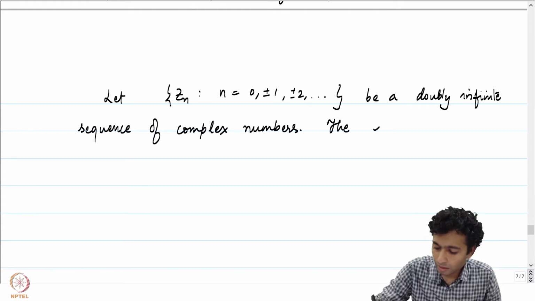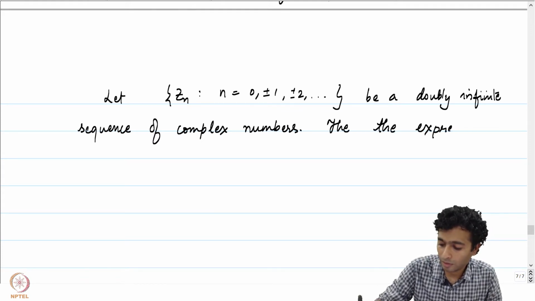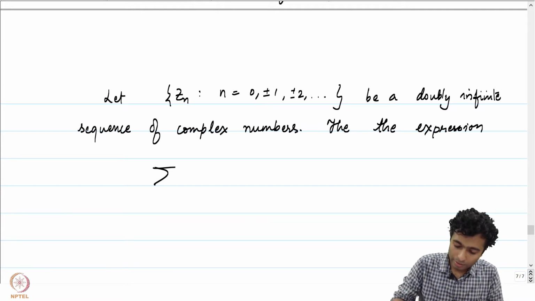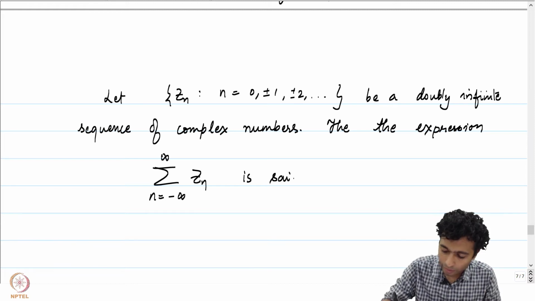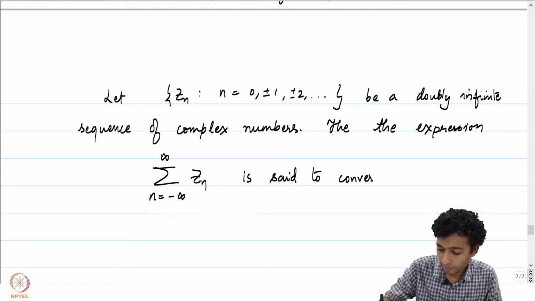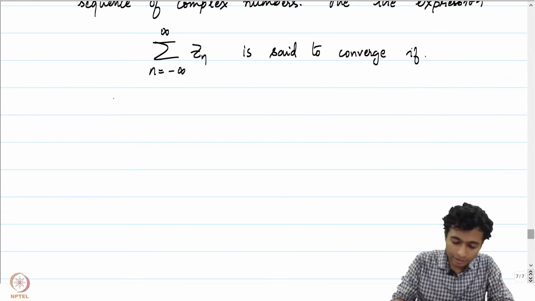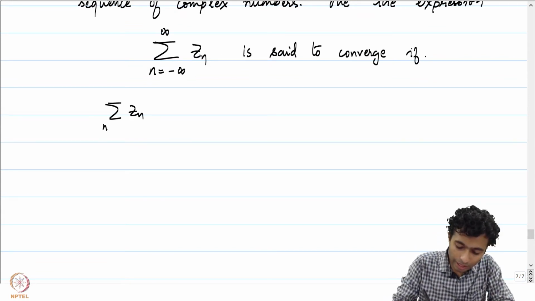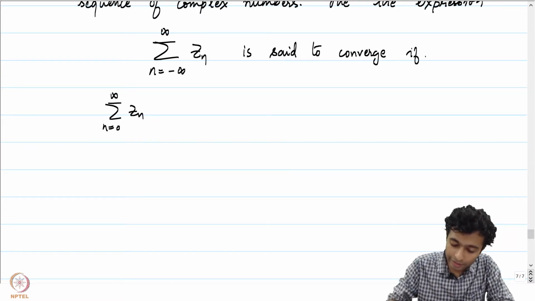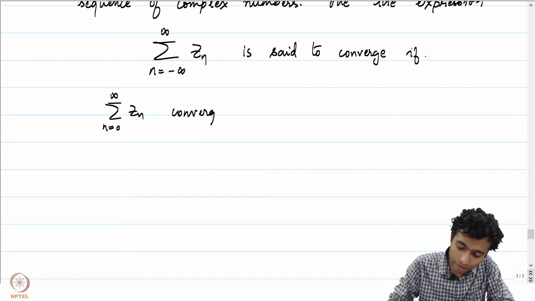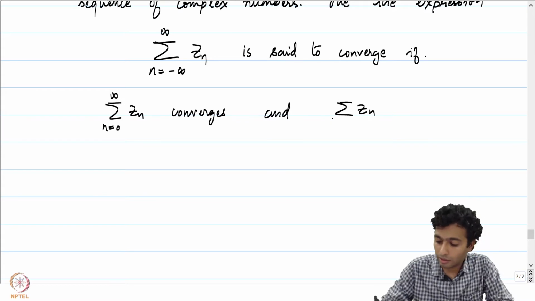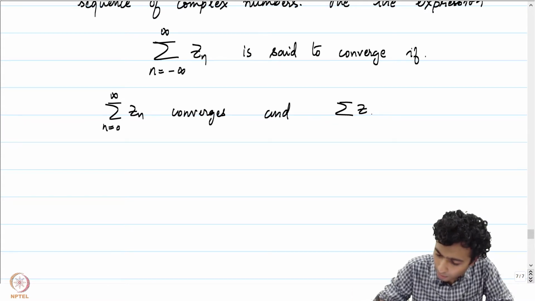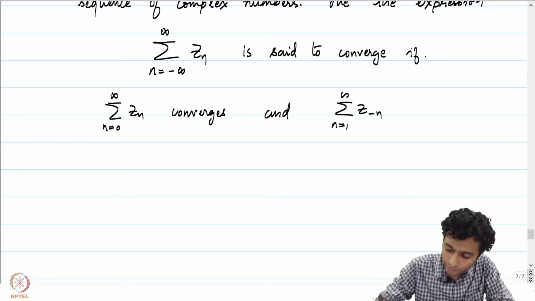Then the expression summation n equal to minus infinity to infinity Zn is said to converge if the two series, summation Zn for n equal to 0 to infinity, of the non-negative indices, converges, and the summation of the terms with negative indices, so maybe I should put Z minus n here, with n equal to 1 to infinity, converges.